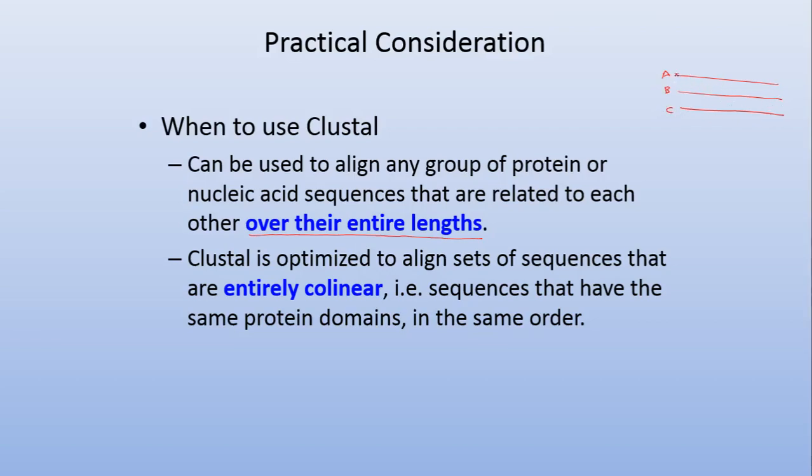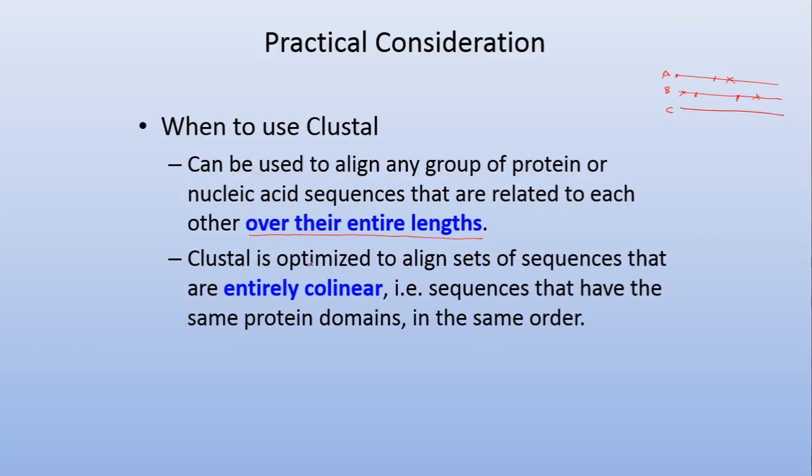It is not like a short sequence from A and B is similar to this much sequence from C, and the remaining sequence is not related. It should not happen that way. The entire sequences should be related to each other over their entire length. This is the basic assumption when you provide input to Clustal.